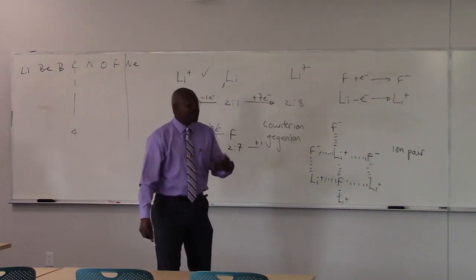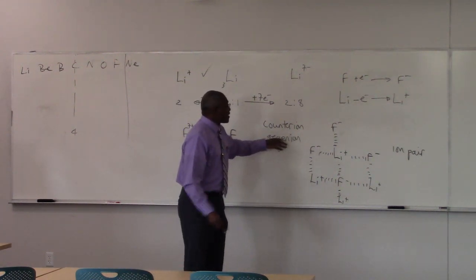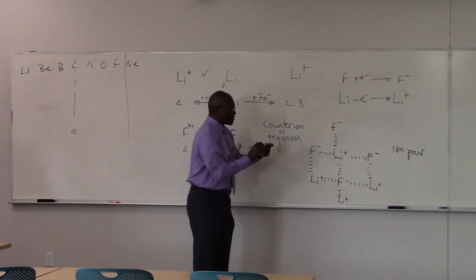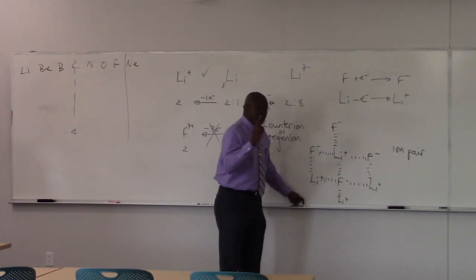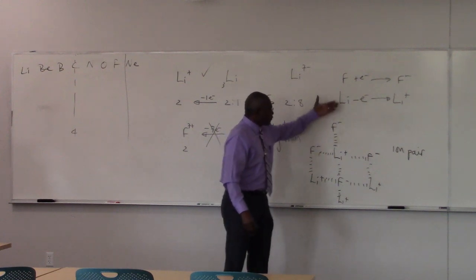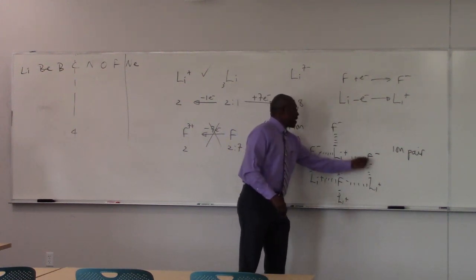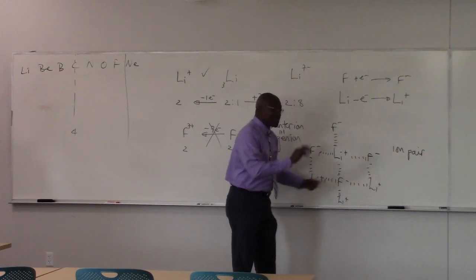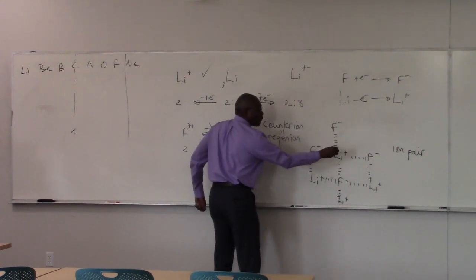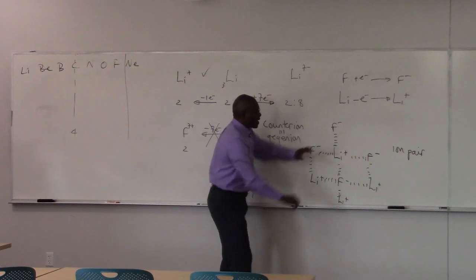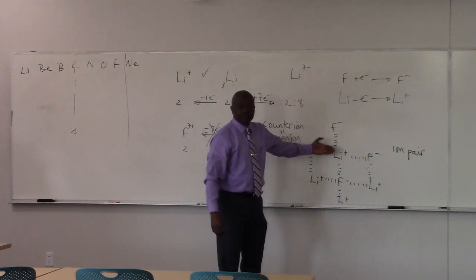The Gegen ion and the counter ion are equivalent terms. I'll make two points. I've drawn this in two dimensions, so the lithium is surrounded on the left, right, top, bottom, as I have it. But there is a fluoride in the front and then a fluoride behind the board.